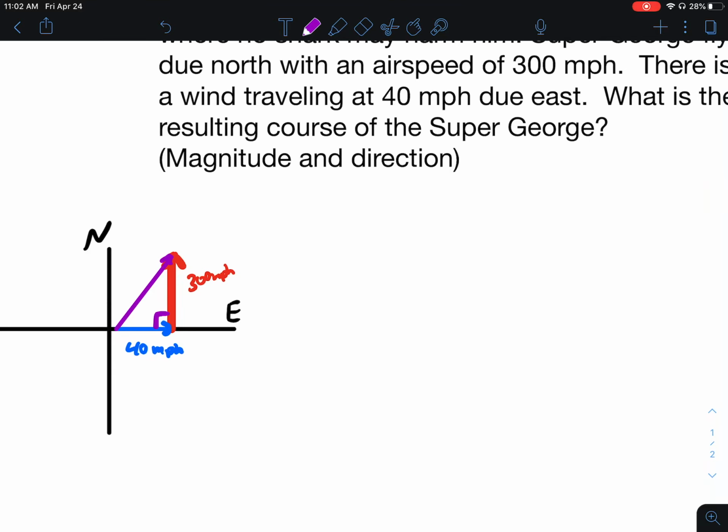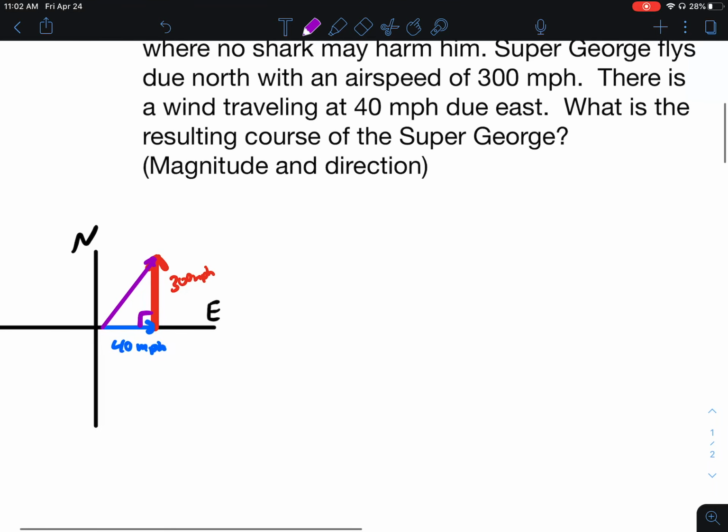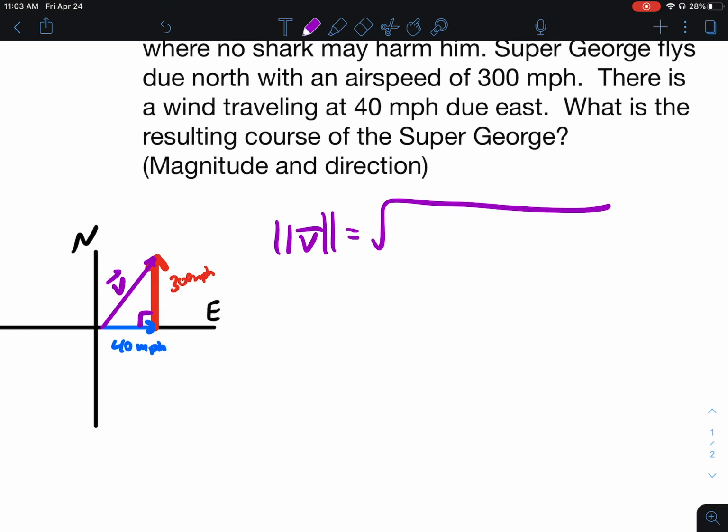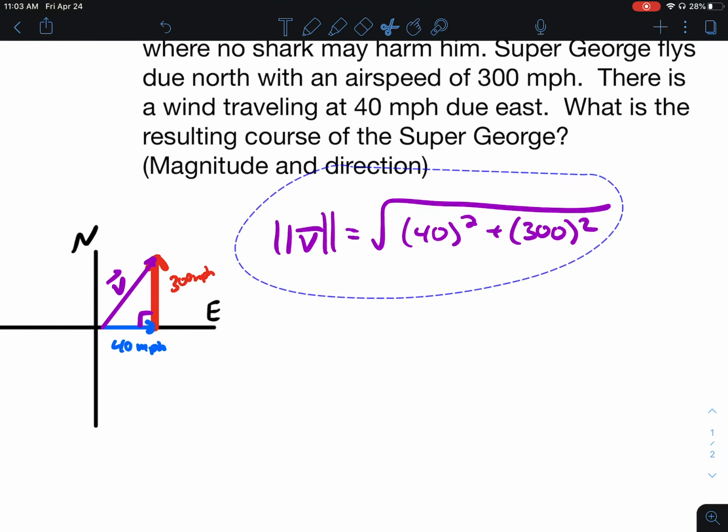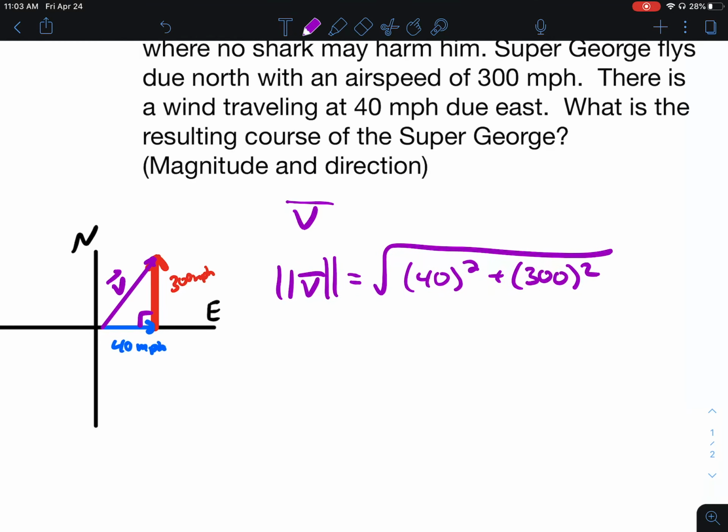So the magnitude of this vector, we'll call this vector v, can be found with the Pythagorean theorem, which is the square root of the x component squared plus the y component squared.